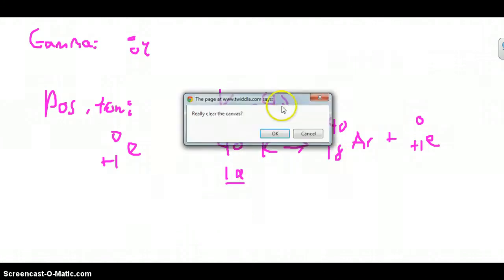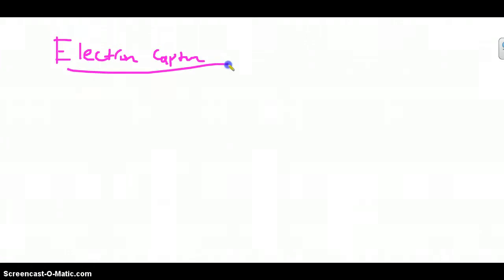So this makes sense. And then we have electron capture, an interesting one. You'll see why I say it's interesting. It's the capturing of an electron from the energy level closest to the nucleus by a proton in the nucleus, which is really strange, because you know how you have all your orbitals?